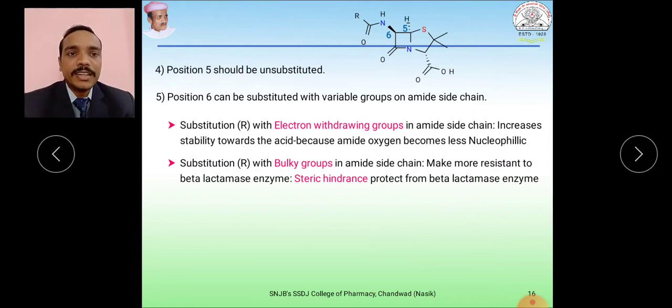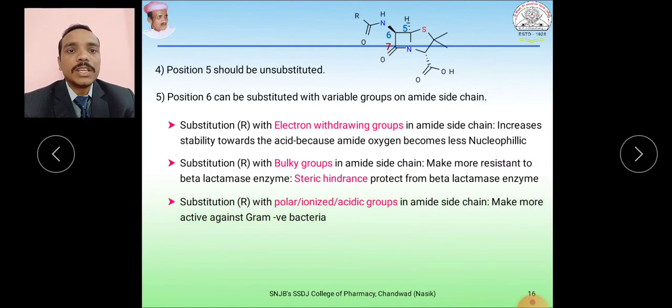There is a steric hindrance which protects from the beta lactamase enzyme. Now here again we can substitute the polar ionized group. At sixth position we can substitute a polar group, ionized group or acidic group that makes it more active against gram negative bacteria.